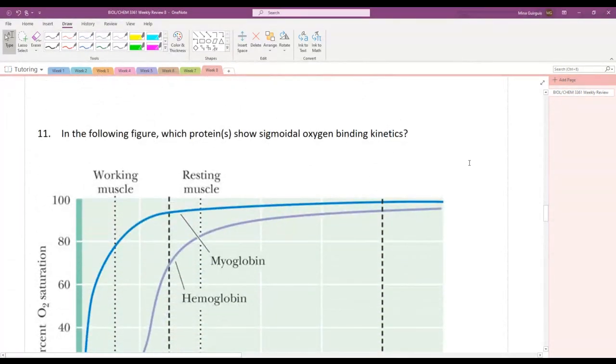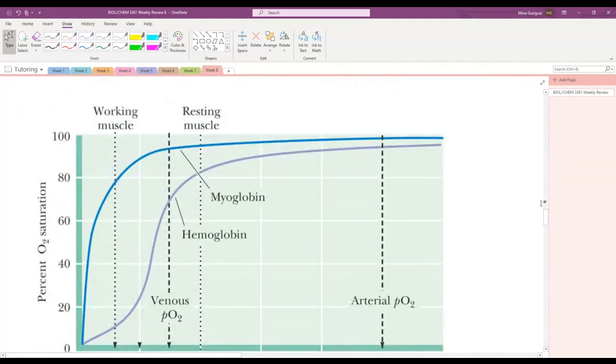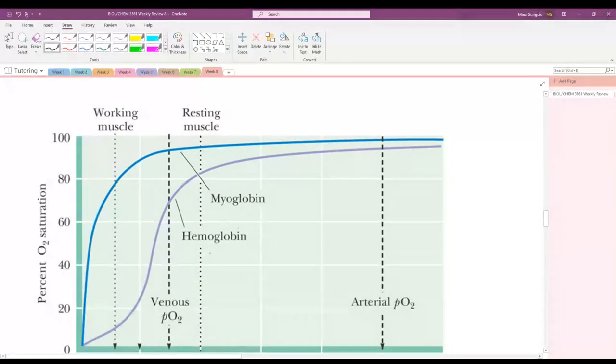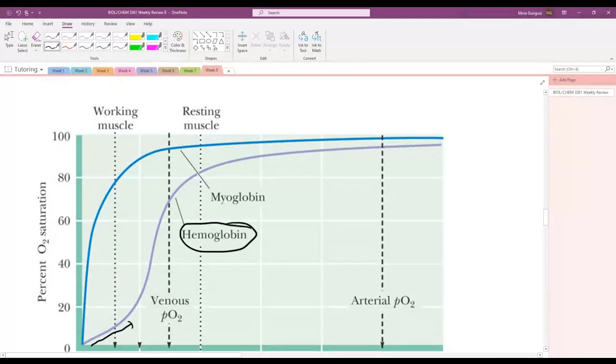In the following figure, which protein shows sigmoidal oxygen binding kinetics? So this is more a review. If we can see here, hemoglobin has this slow slope, and then it jumps up, and then, like the other one, it levels off.